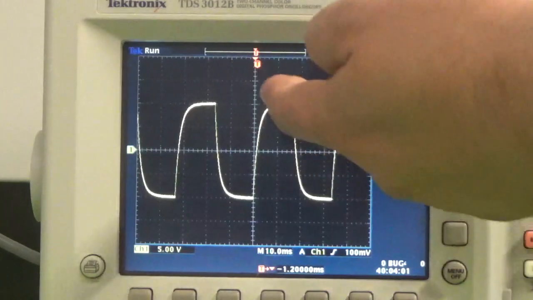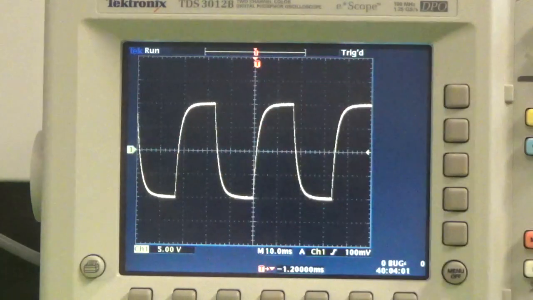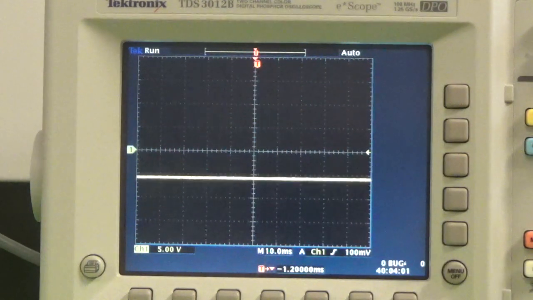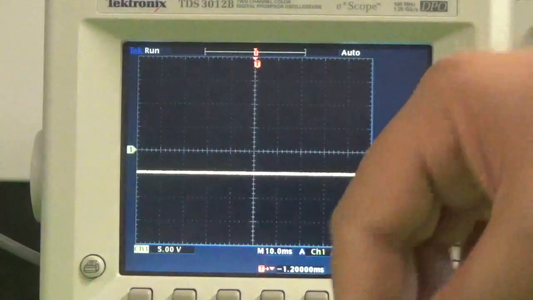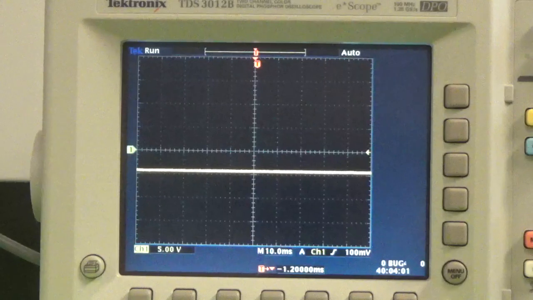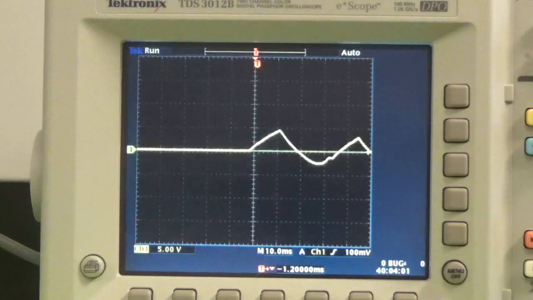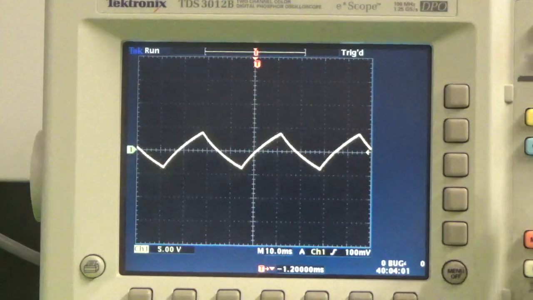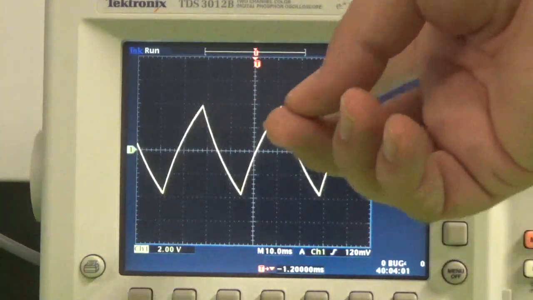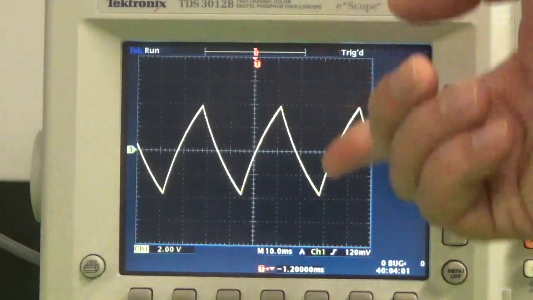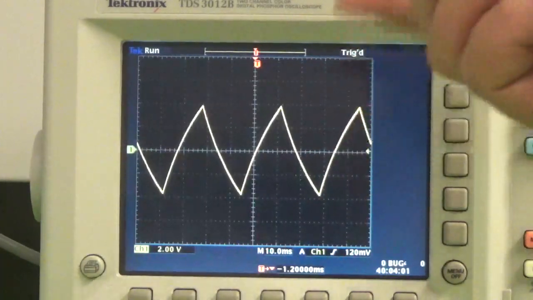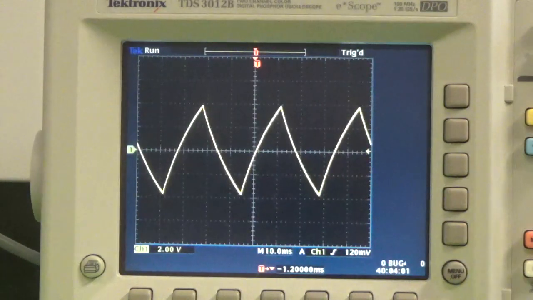Look at this. So this is the signal with the 59 ohms. So I will remove the 59 ohms and use the 1 kilo again. Okay. So this is with 1 kilo. It is like this. I would like to describe what you see right now.